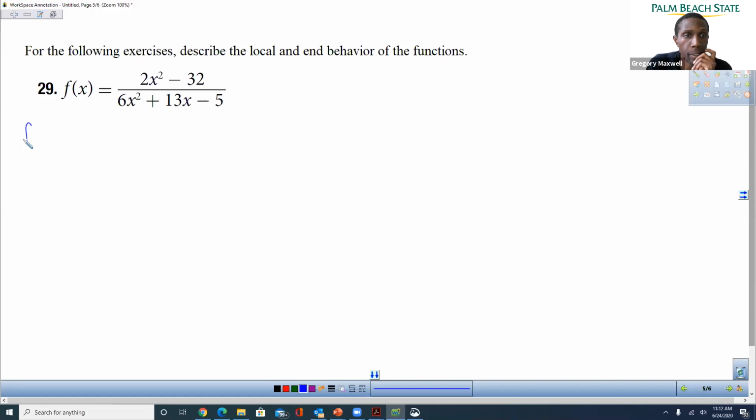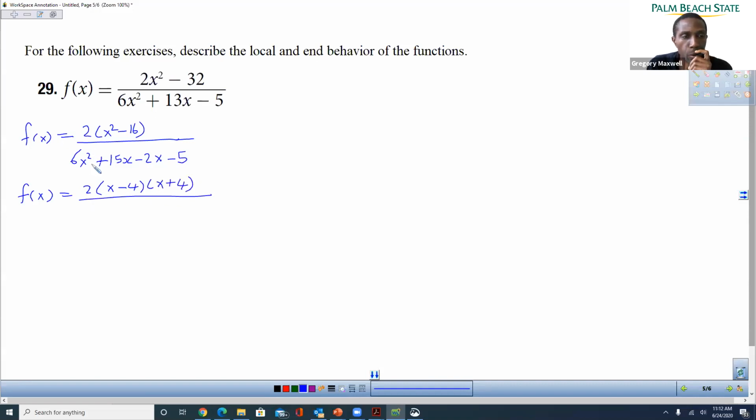So f of x is equal to 2 times x squared minus 16 over, and the bottom here is 6x squared plus 13x minus 5. Two numbers that multiply to be negative 30 and add to be positive 13 are 15 and negative 2. I'm going to just do the factoring here quickly. So f of x is equal to 2 times x minus 4 times x plus 4.